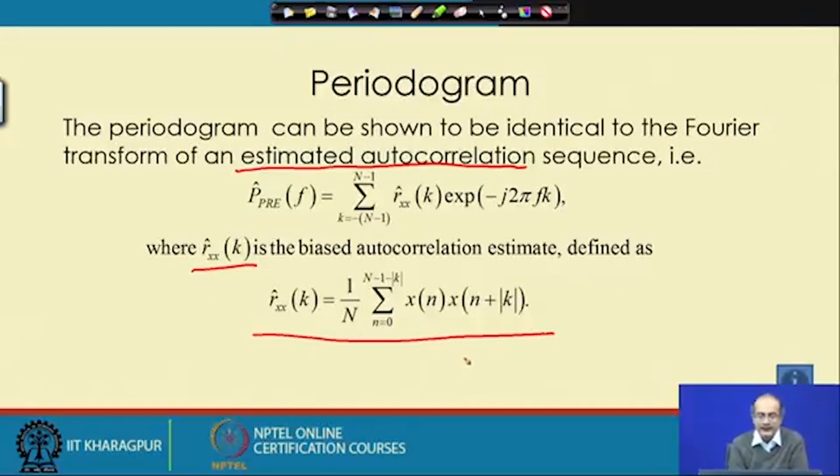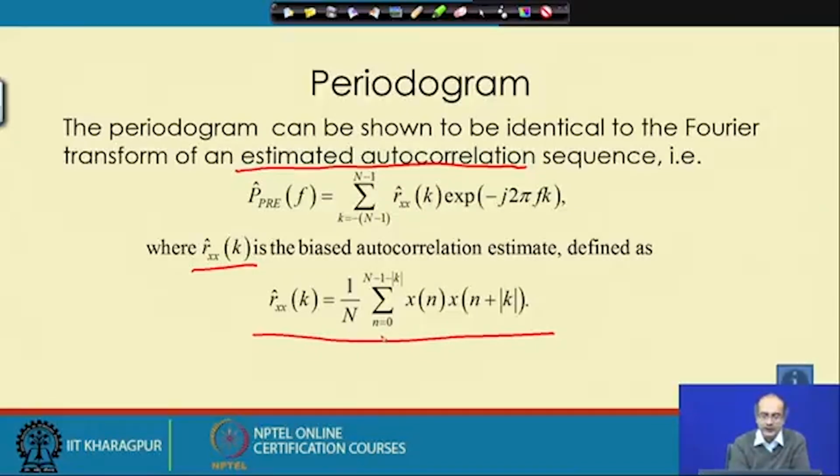However, what we find is a biased estimate. Why is it biased? Because as the lag increases, that means the value of k increases, the sum within this summation term decreases.